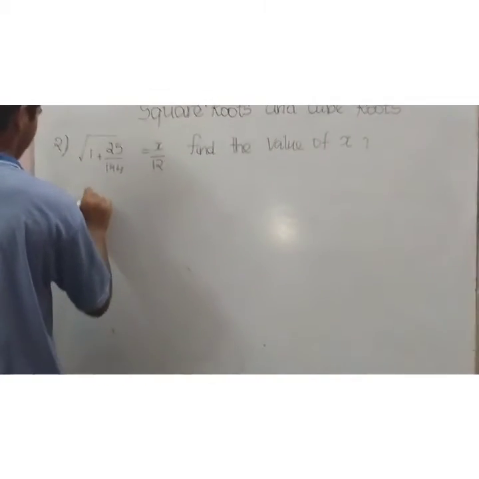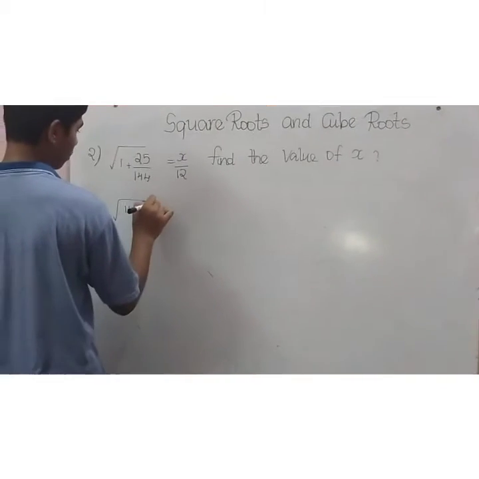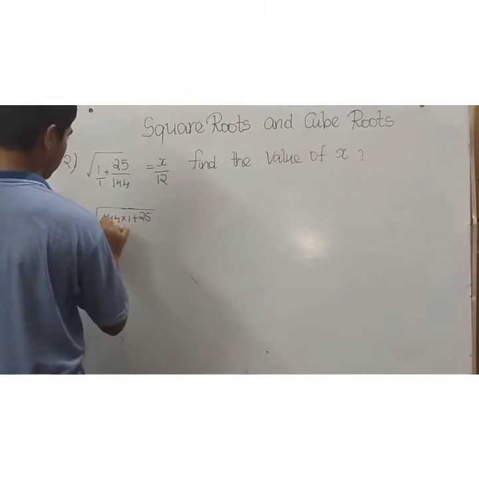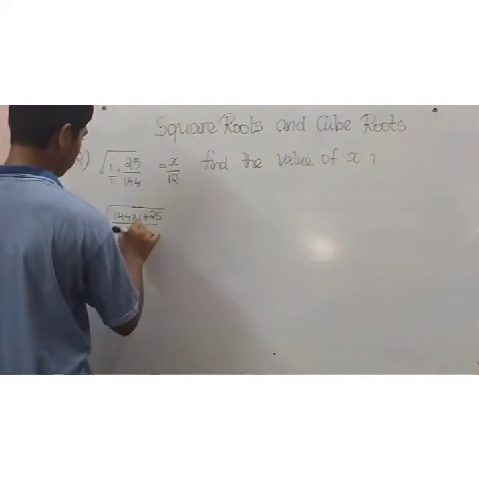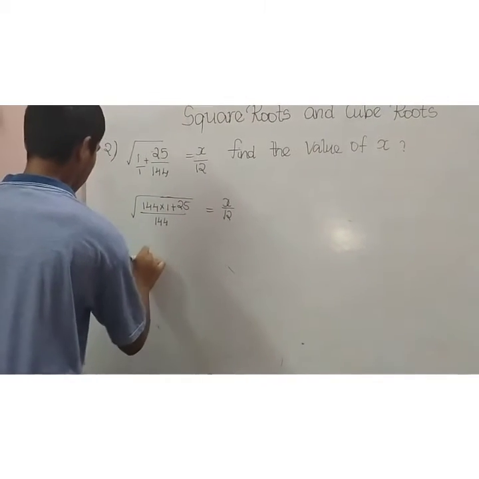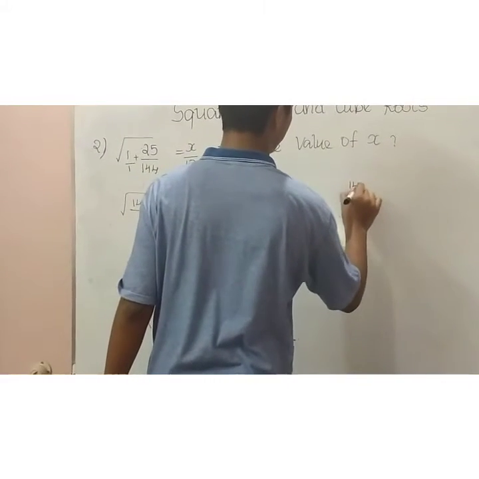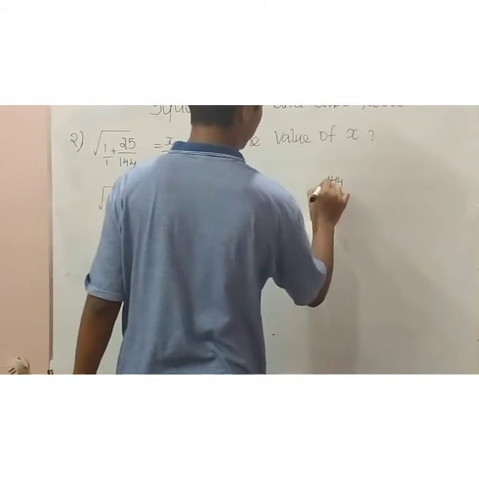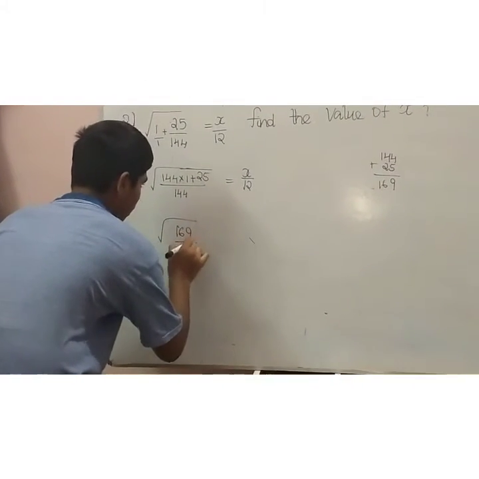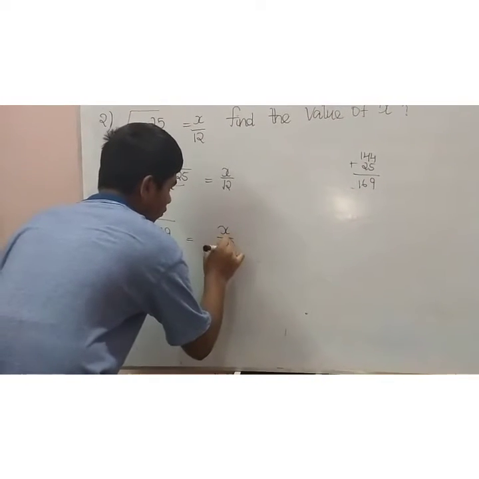We add 144 into 1 plus 25: 1 into 144 is 144, plus 25 is 169. So root of 169 by 144 is equal to x by 12.